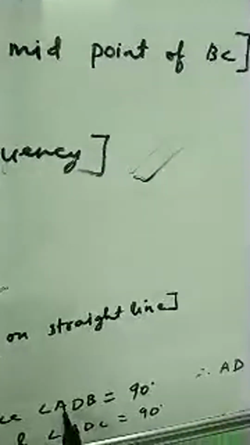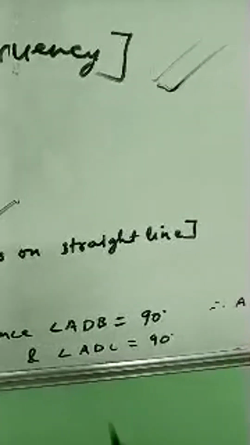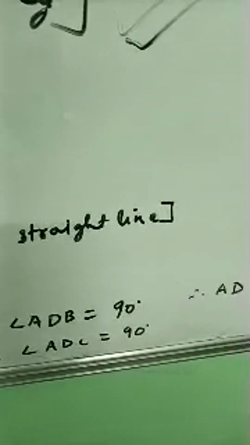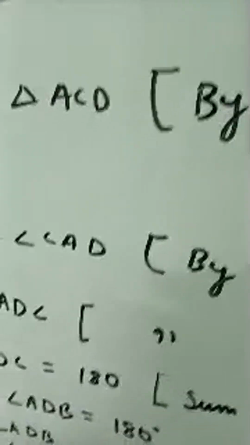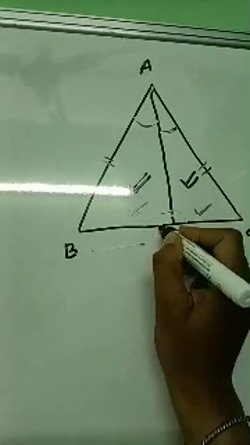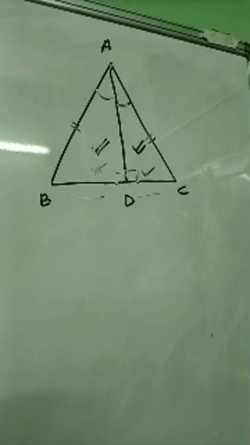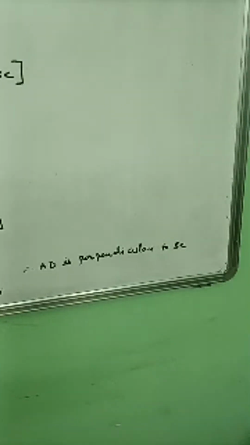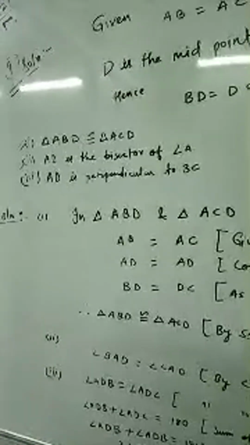After dividing, we get angle ADB is equal to 90 degrees and angle ADC is also 90 degrees, because angle ADB is equal to angle ADC. So if both are 90 degrees, you can say this line AD is perpendicular to BC. That is the third question. Therefore AD is the perpendicular of BC.